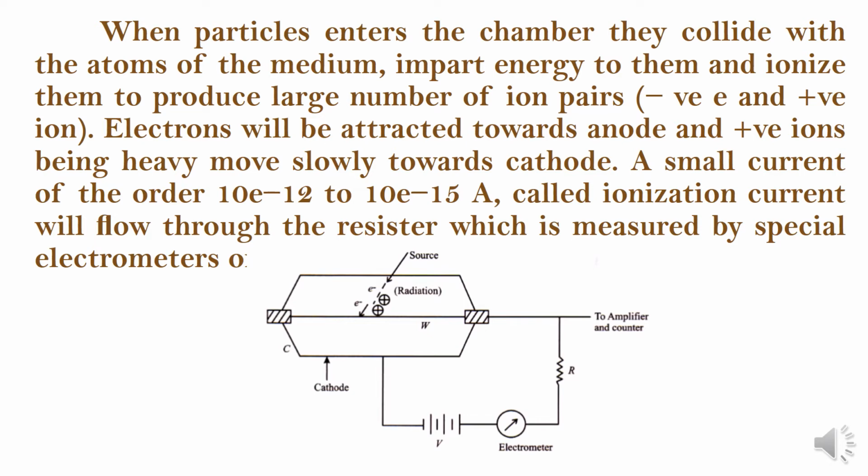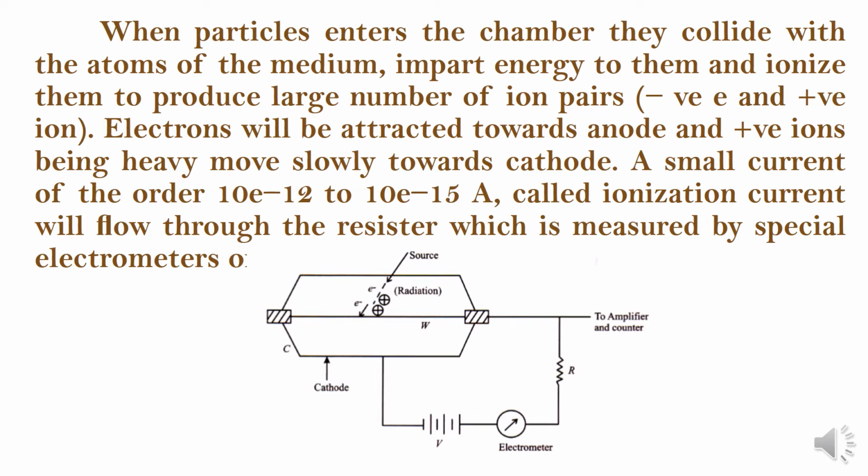And this ionization in the chamber will continue till the radiation loses all its energy. As a result, in the chamber we will have a large number of free electrons and ion pairs.